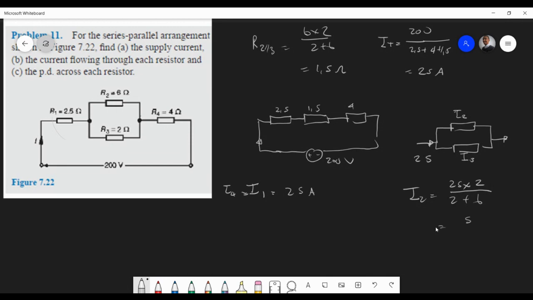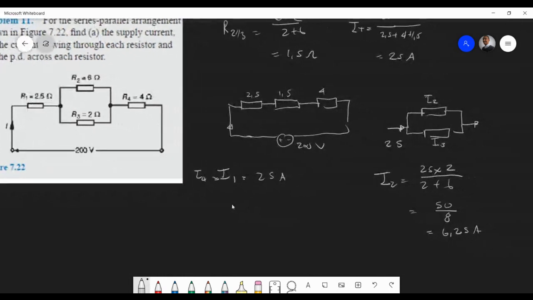So then we have 50 divided by 8, and that will give you 6.25. That's correct. 25 times 2 over 2 plus 6. Okay, that's good. There is a low resistance, so it's okay.